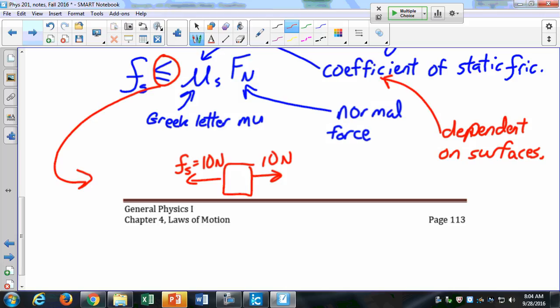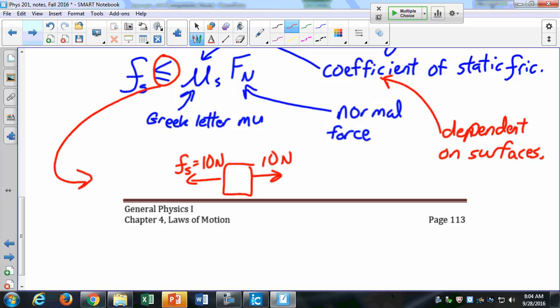So now, you ready? I'm going to push with 15 newtons of force. It's going to go flying out the door. Okay, here we go. I think I'm actually pushing like 20 newtons of force, as hard as I can on this thing. Why is it not moving? What has happened to the static friction?